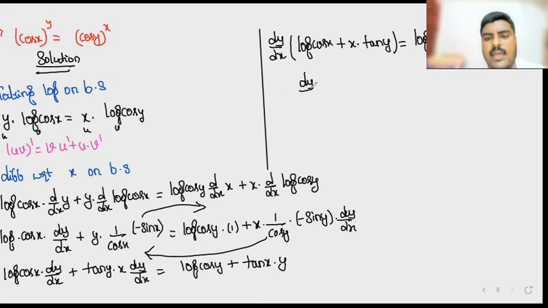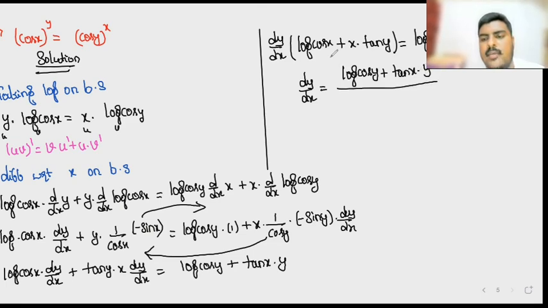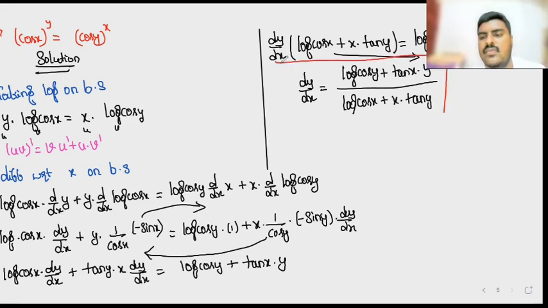So dy by dx equals log cos y plus tan x into y, whole divided by log cos x plus x into tan y. Got it now? So this is the final answer.